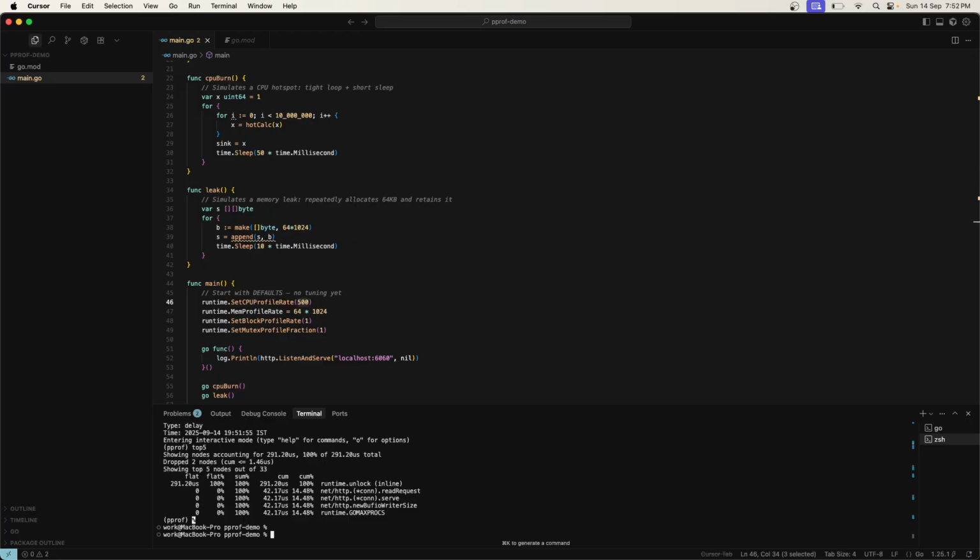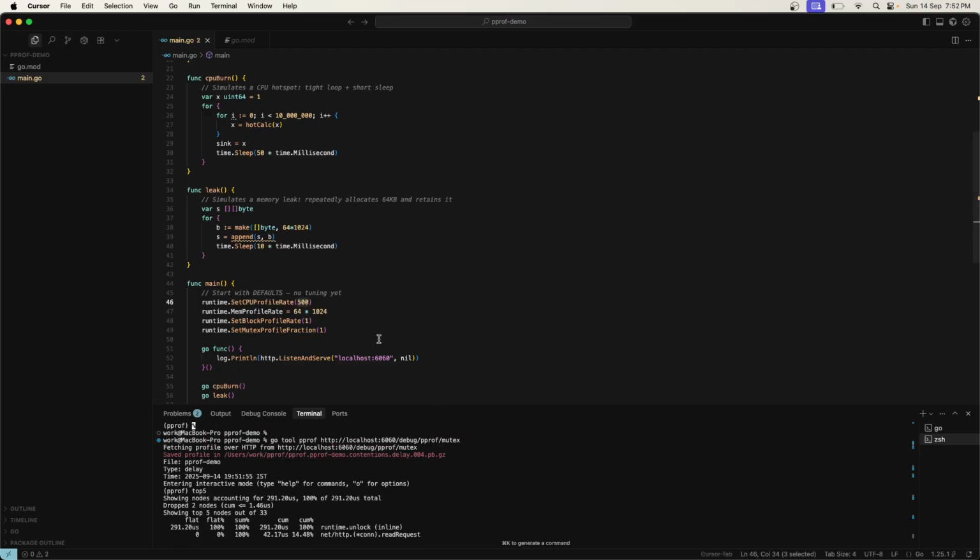Now that we have enabled them, if goroutines get stuck on channels or locks, they show up here. But in this app, they are quiet. In a real service, these profiles reveal real contention hotspots. So again, if you want to see the flame graph, we can see it like we did in the previous default settings.